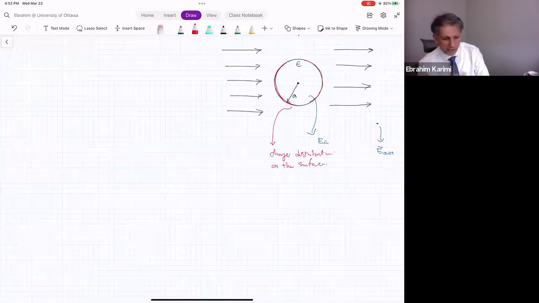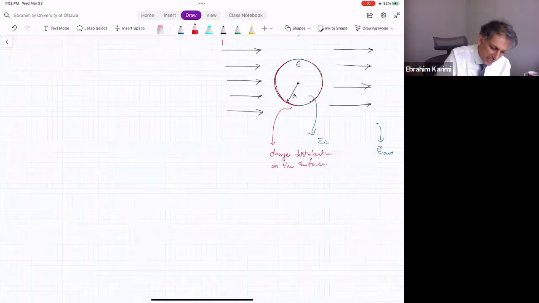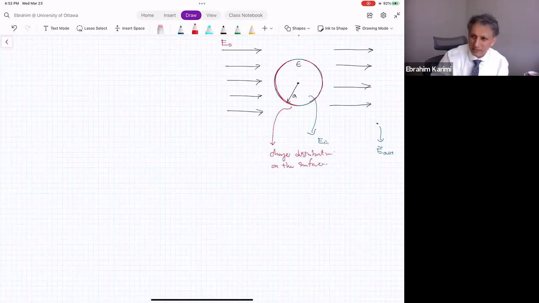A sphere with a dielectric constant of epsilon and a radius of A we are placing in an external electric field of E0, which is a constant value along a specific axis, which for simplicity you can consider the z-axis.